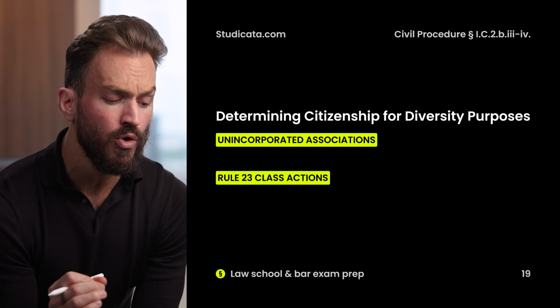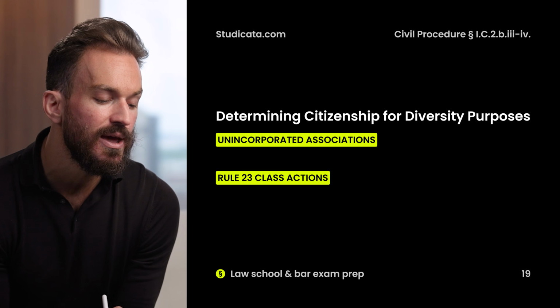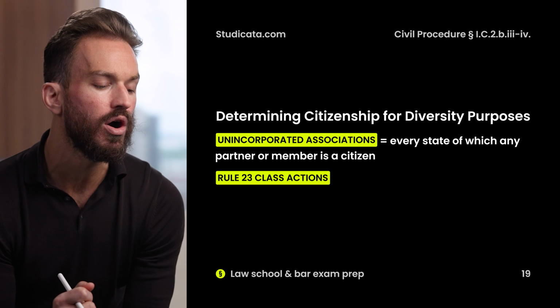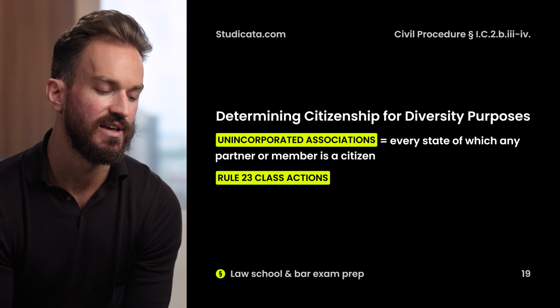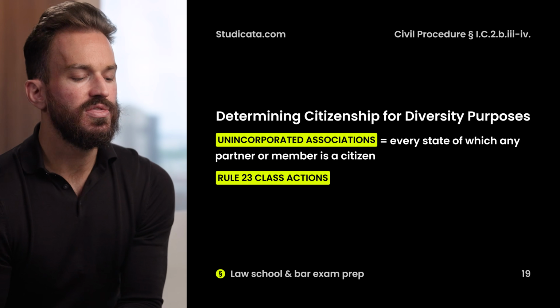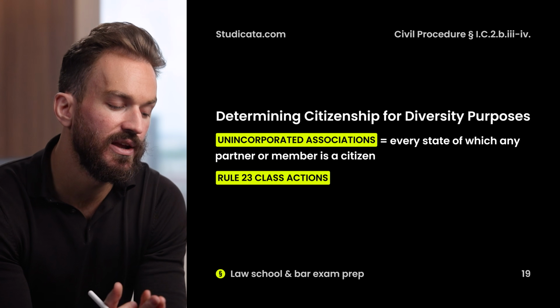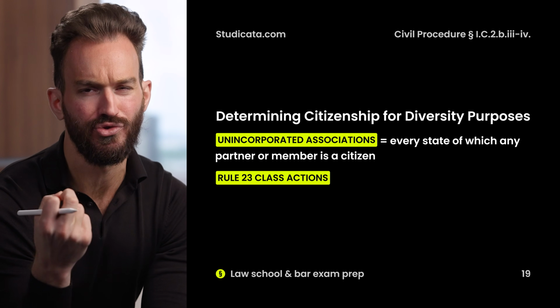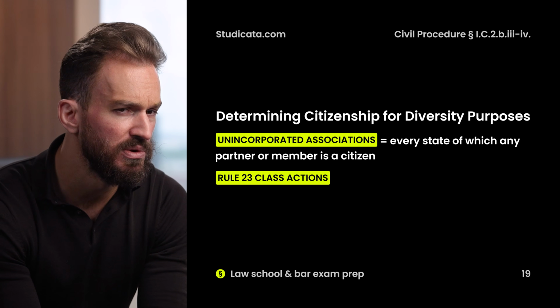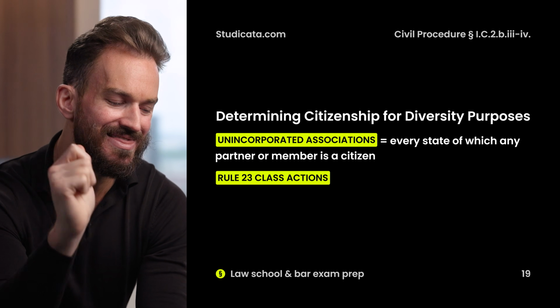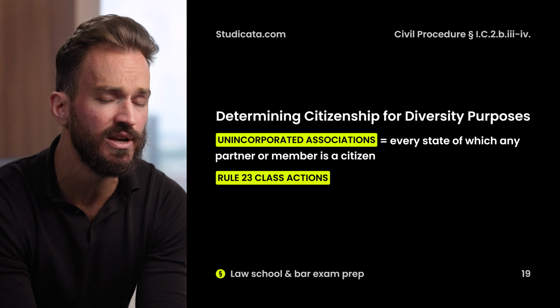We say an unincorporated association is deemed to be a citizen in every state of which any partner or member is a citizen. Generally, the partners and members of an unincorporated association are going to be natural persons, individuals. So we just look at the domicile of every partner or member in that unincorporated association.